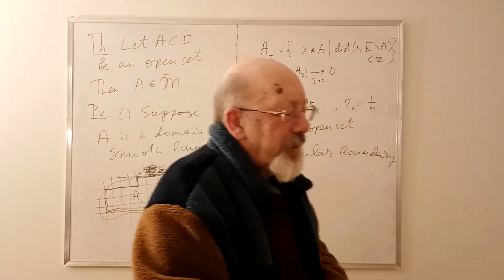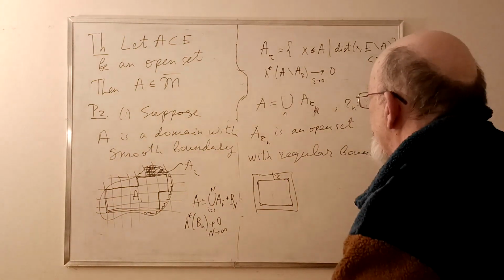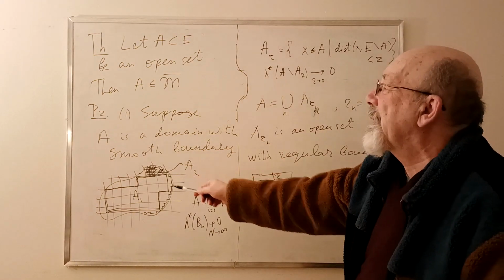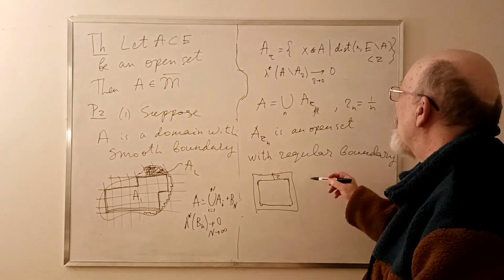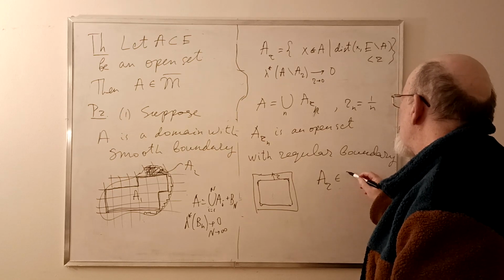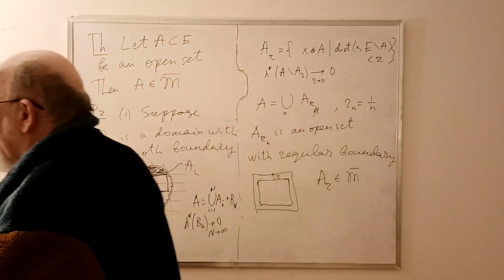Then we have the smooth boundary, and here we have that this is A_R in M bar.